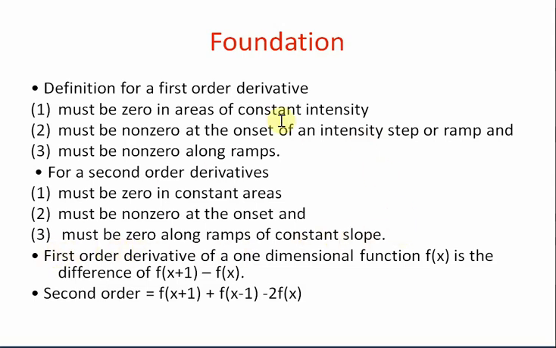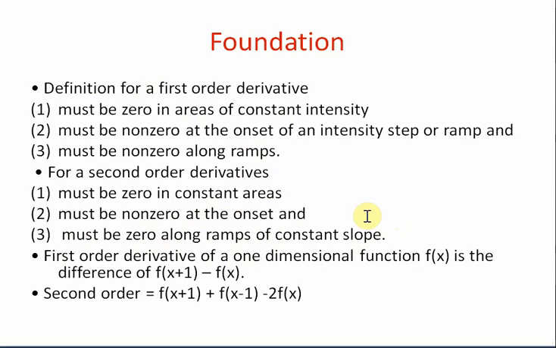That means for the first order derivative of the ramp, you get a non-zero value, d by dx of x is a constant. But if you differentiate that constant again, you get 0. That's why the double derivative, or second order derivative, of the ramp gives 0. So it must be 0 along ramps of constant slope. This is the difference between the first order derivative and the second order derivative.